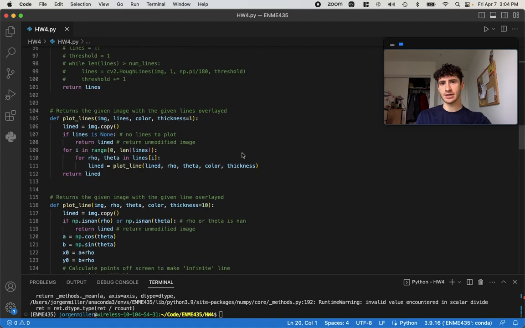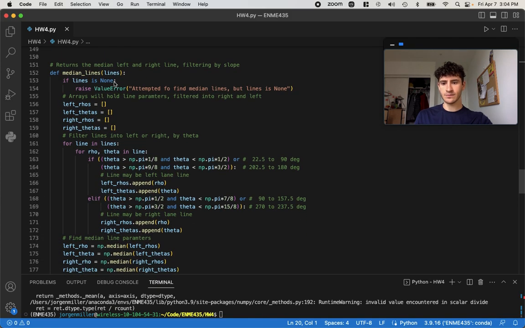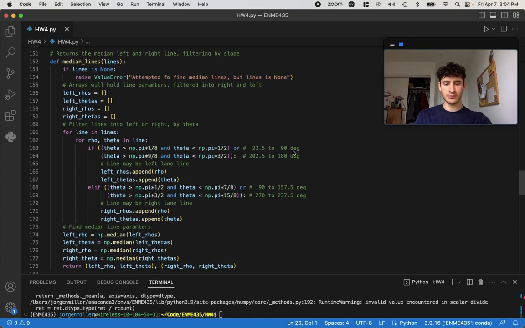To find these median lines, I first filter them into left and right by the slope. A slope from 22.5 to 90 degrees, so it can't be horizontal, but it has to be facing bottom left to top right, or 180 degrees plus that, will mean that it's a left line.